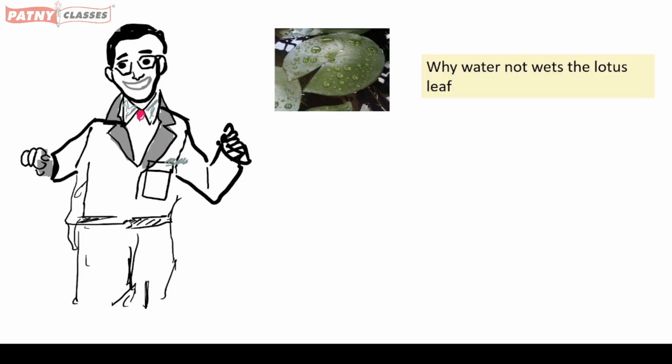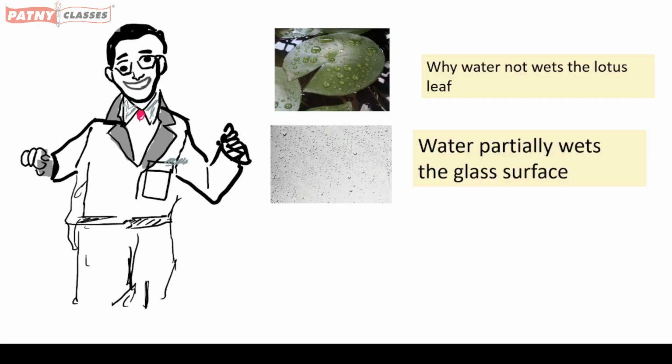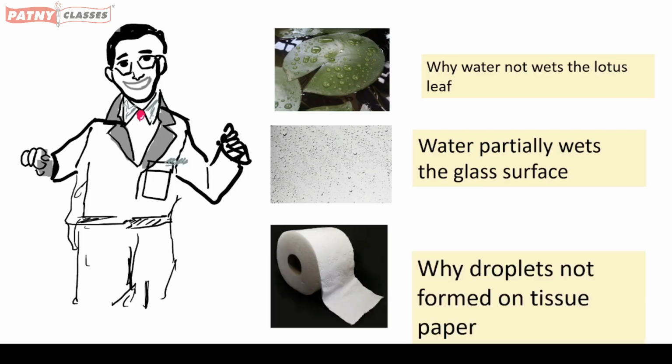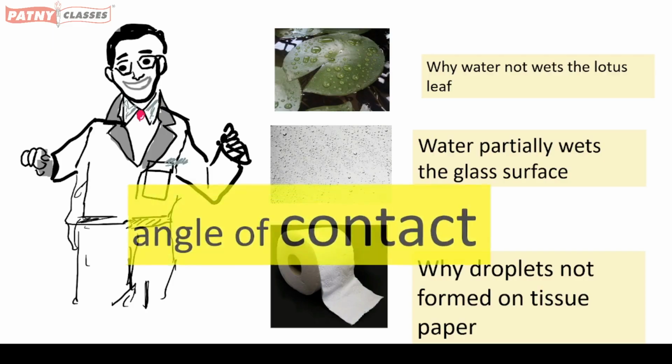Now, there are some important questions. Why does water not wet the lotus leaf? Why does water partially wet the glass surface? Why are droplets not formed on tissue paper? Let us answer these questions with the help of angle of contact.